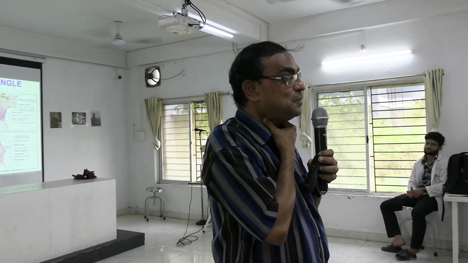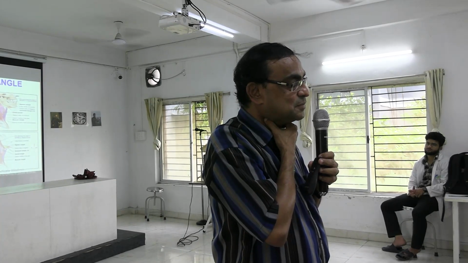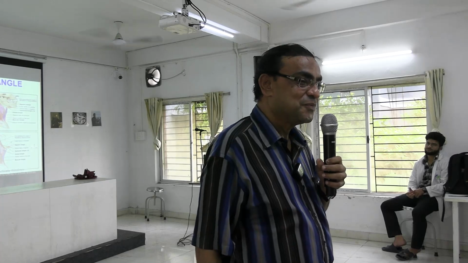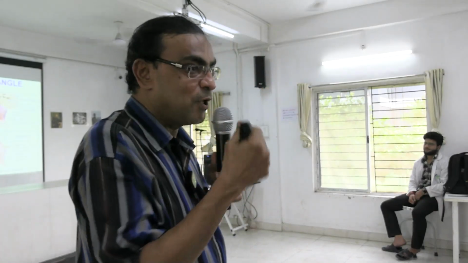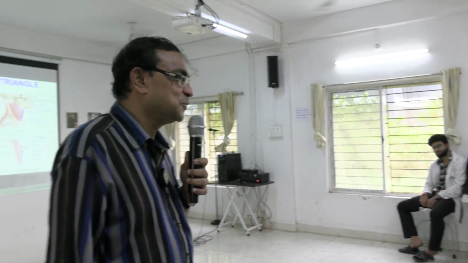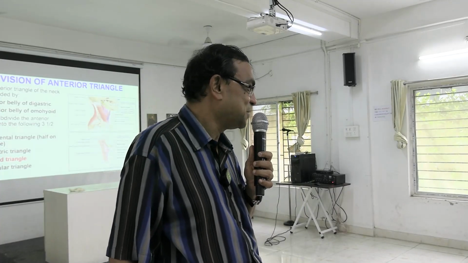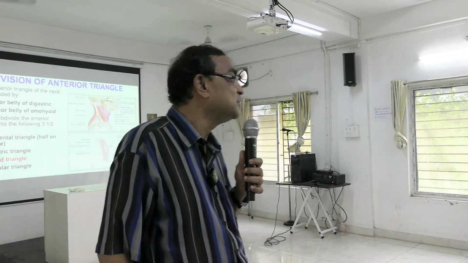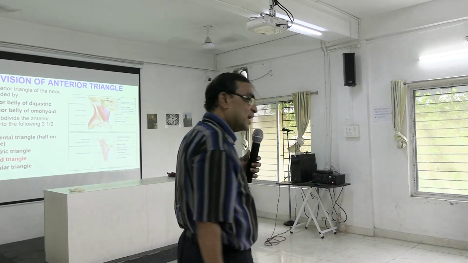Supply to the brain will be affected, and sleepiness will develop. Right? So carotid means sleep. Not all these things are available in your textbook. That's why you have to come to this class, you have to attend this class. Carotid means sleep. So that is the carotid triangle.